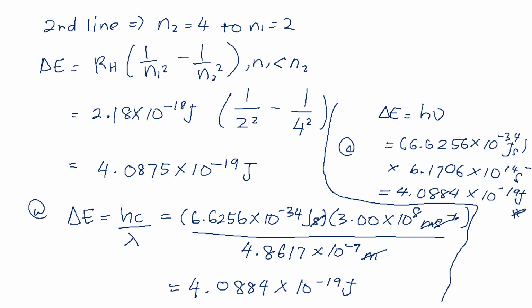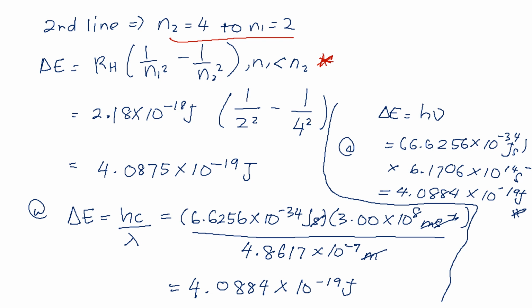But which method is the best? For me, the best method is the first equation here, RH times 1 over n1 square minus 1 over n2 square. Why is this the best? Because this is the information that we have from the question itself. If you calculate using hc over lambda or h nu, your answer is still correct.